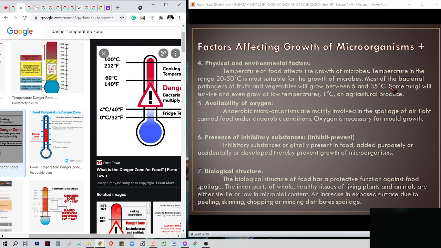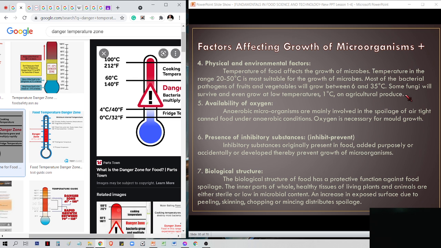So most of the bacterial pathogens of fruits and vegetables will grow between 6 and 35 degrees Celsius. So this bacteria grows within 20 to 50 degrees Celsius. And for the fruits and vegetables, most bacteria will grow at the temperature of 6 degrees Celsius and 35 degrees Celsius. Some fungi will survive and even grow at low temperature at 1 degree Celsius on agricultural produce.